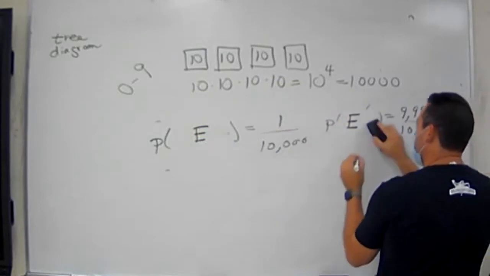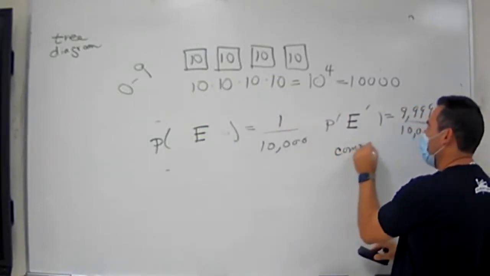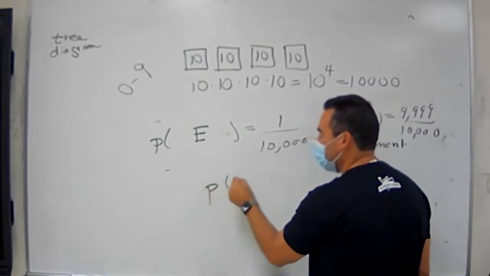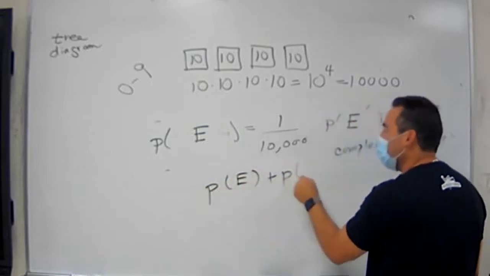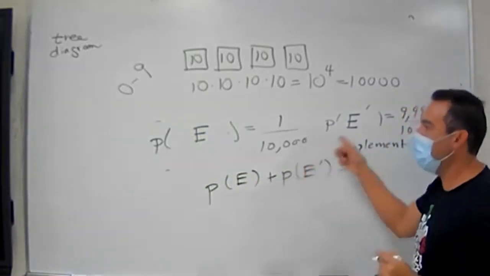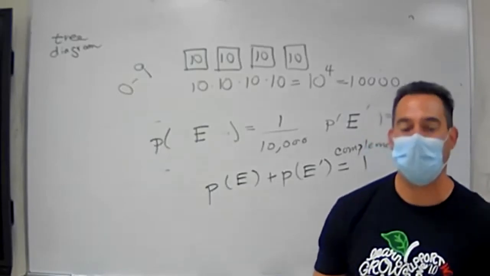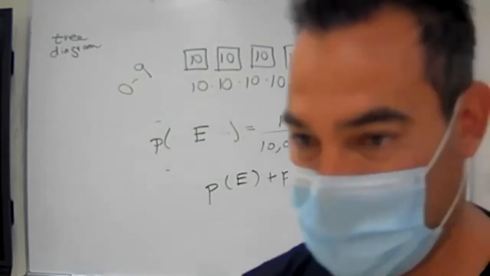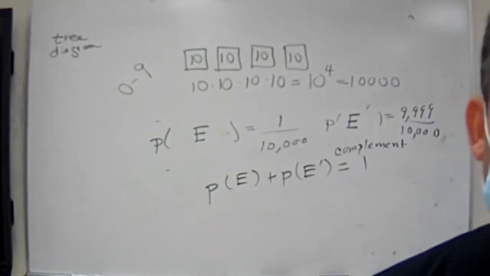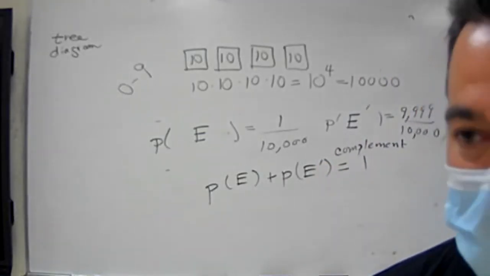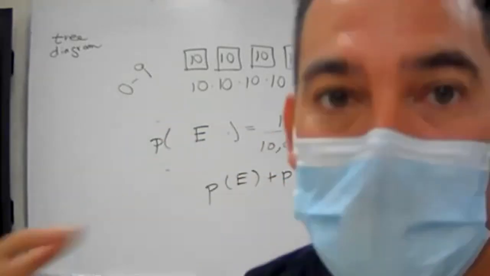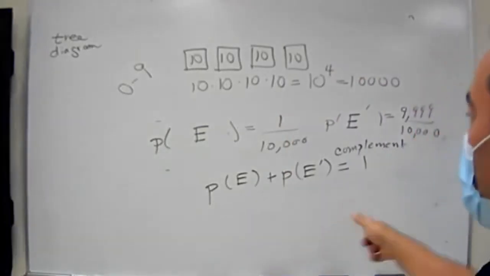We call it the complement. Notice that the probability of the event plus the probability of whatever's left over, the complement, equals 1. If you add these two together, you get 10,000 over 10,000, which is 1. This always happens in probability.